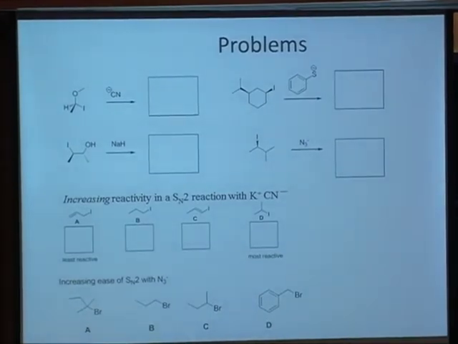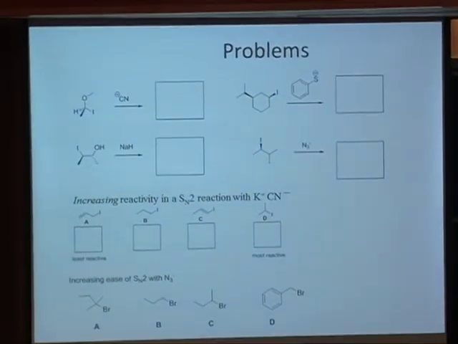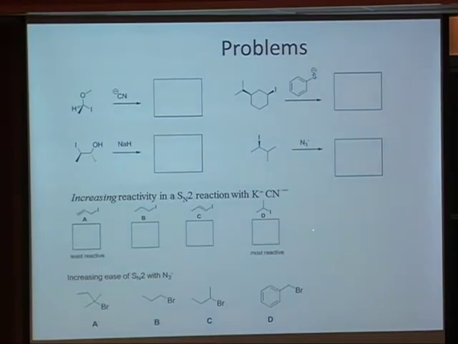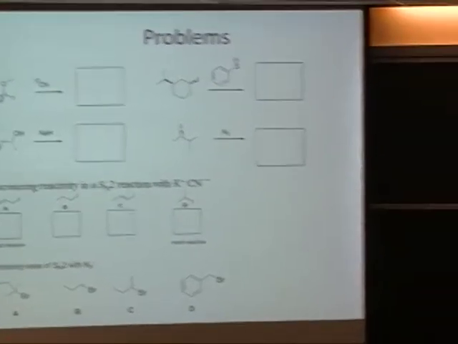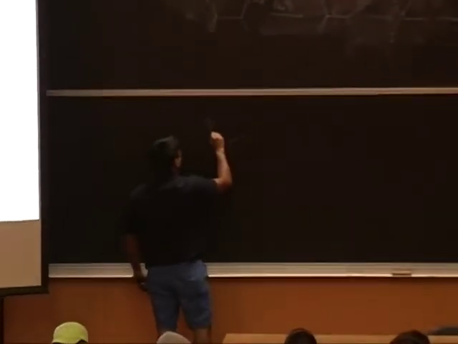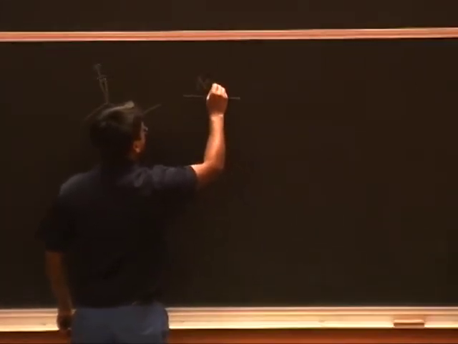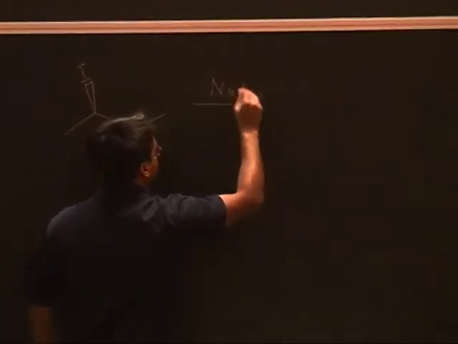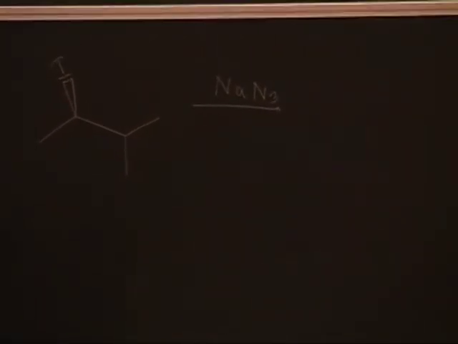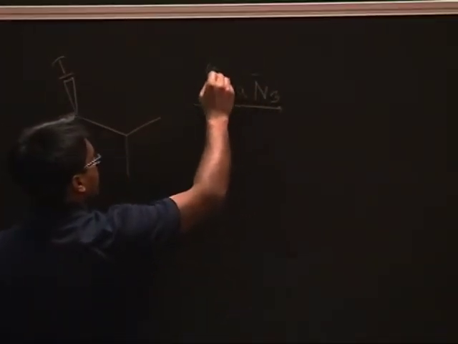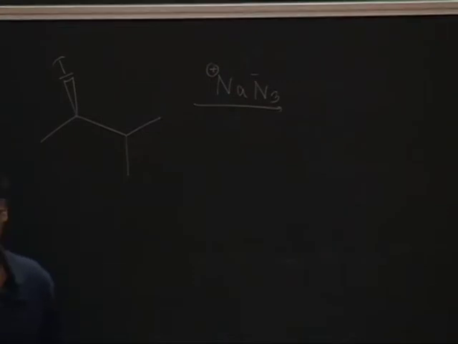So I'll give it a raise. Let's try this problem. N3 minus, by the way, so we are going to deal with a lot of different kinds of nucleophiles, right?